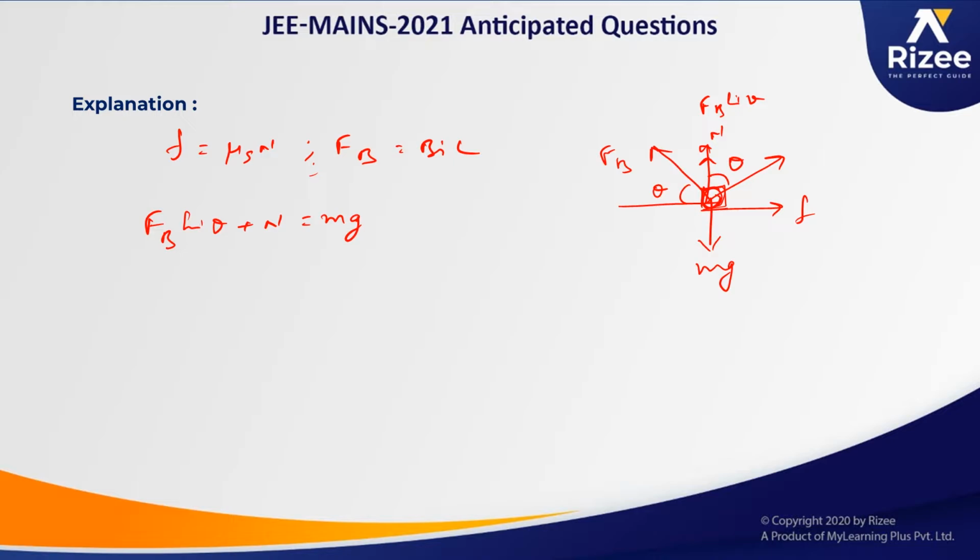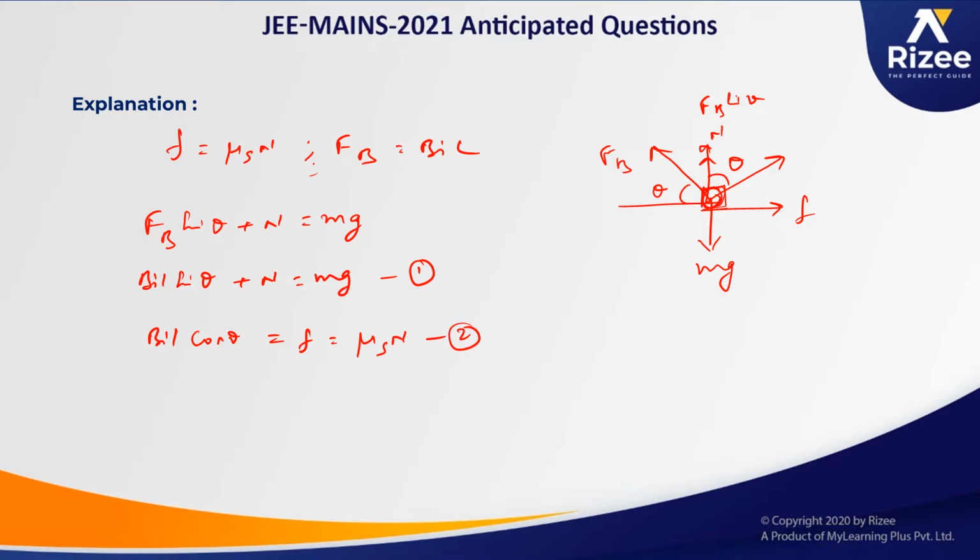From this, FB means BIL sine theta plus normal reaction is equal to mg. This you can take as equation 1. And the horizontal component, that is BIL cos theta, will be equal to the frictional force, and that is equal to mu s into N. This is your second equation.